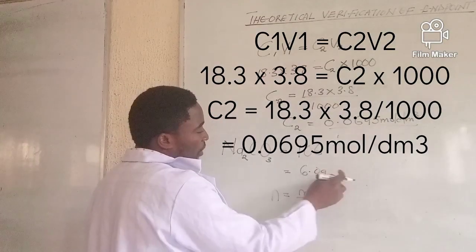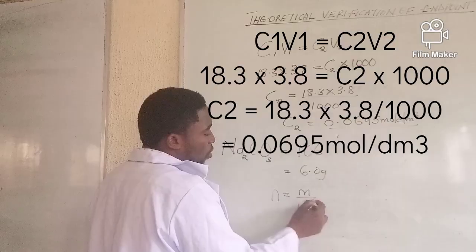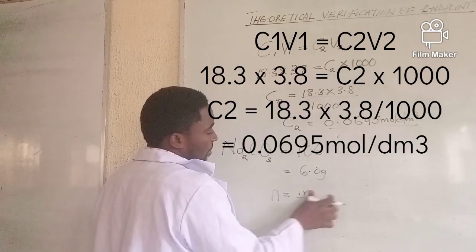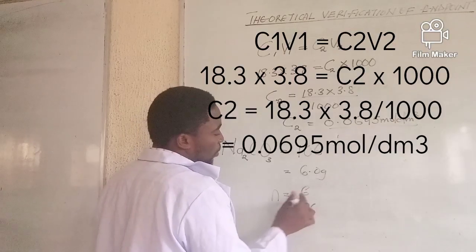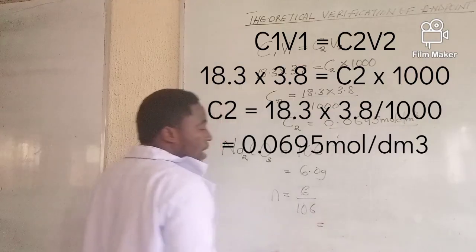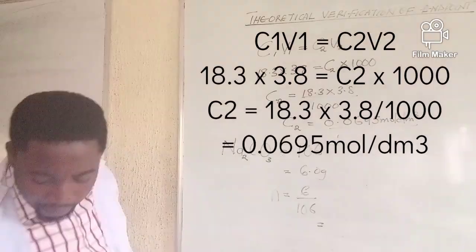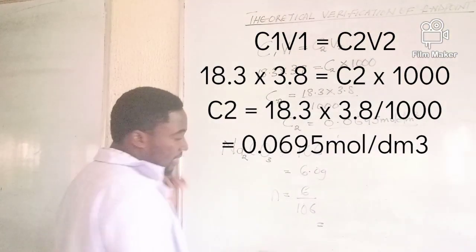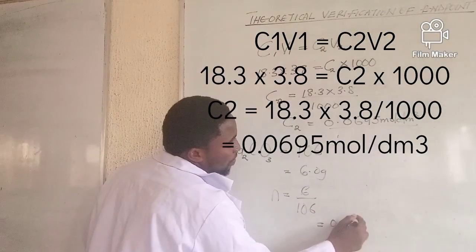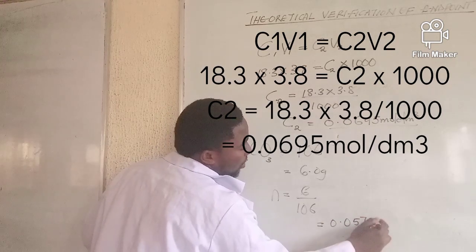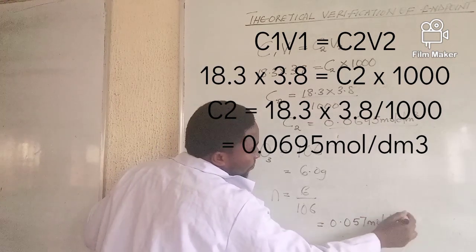So 6.0 grams divided by 106, that is 6 divided by 106, and that will give us 0.057 approximately, 0.057 moles per dm cube.